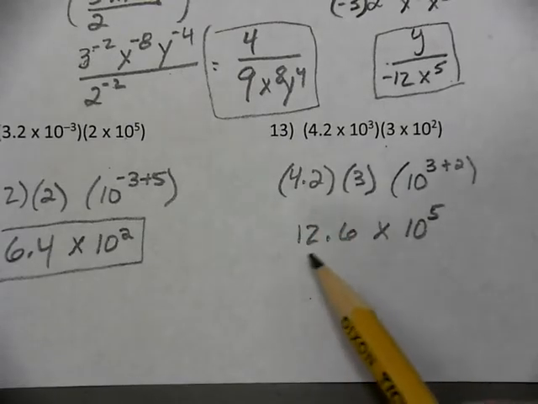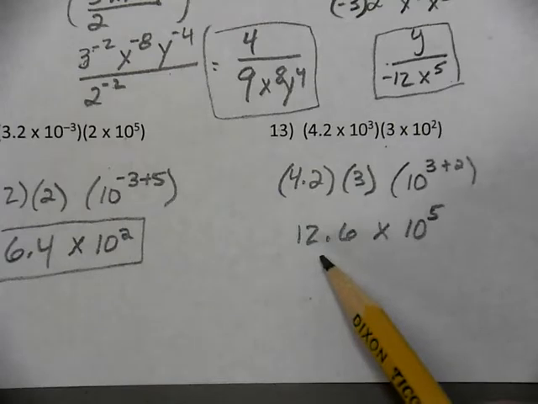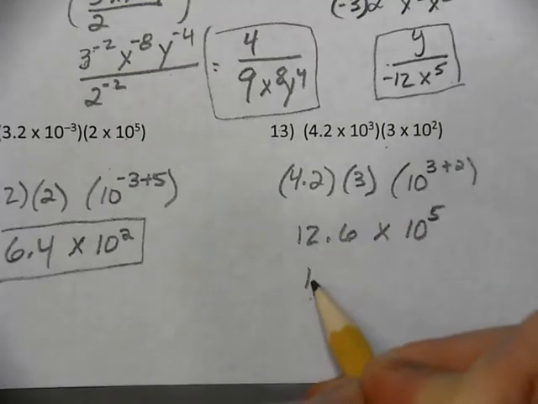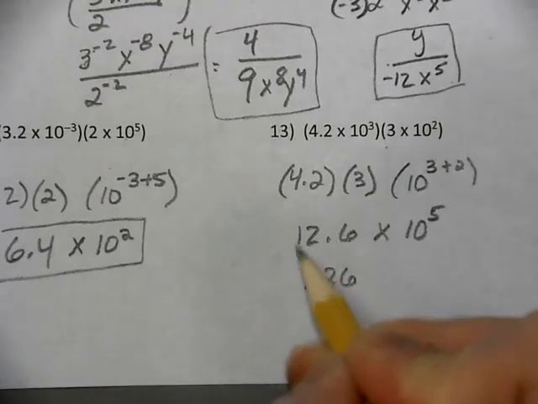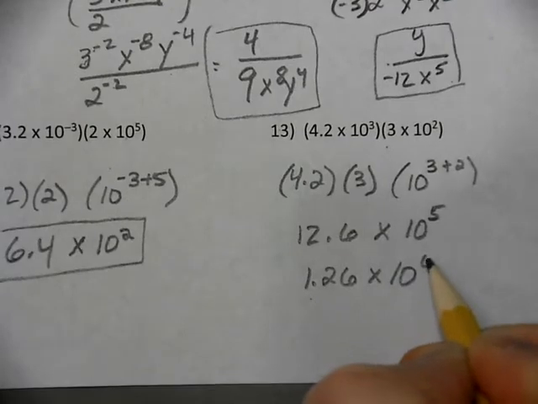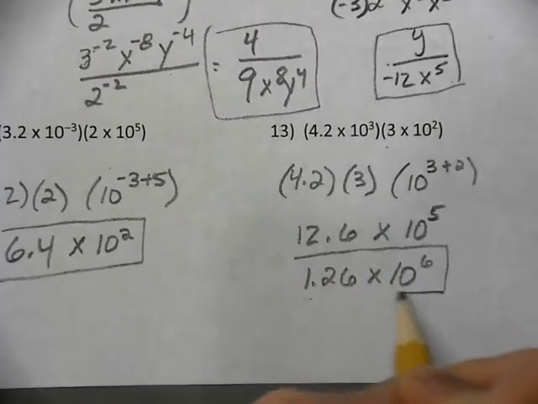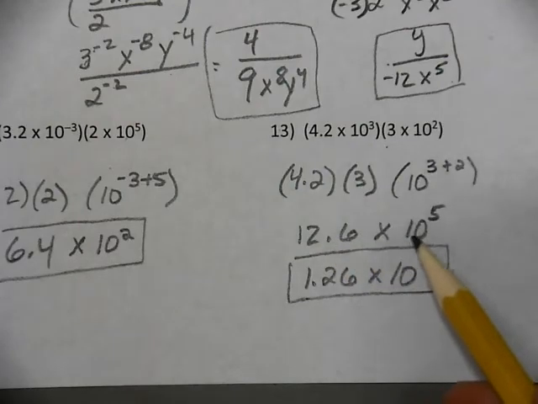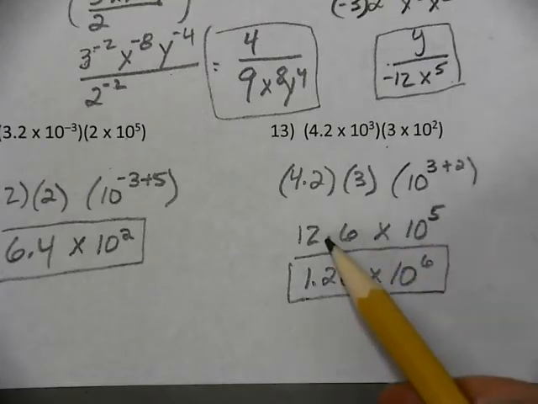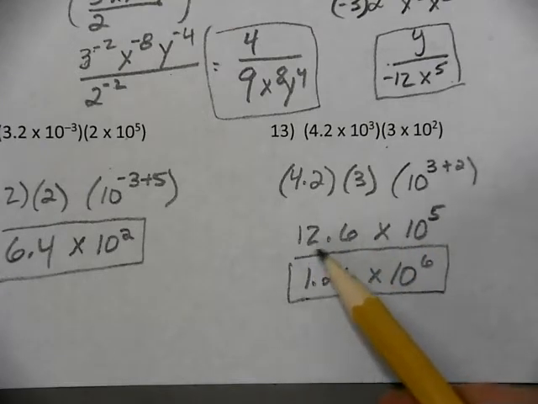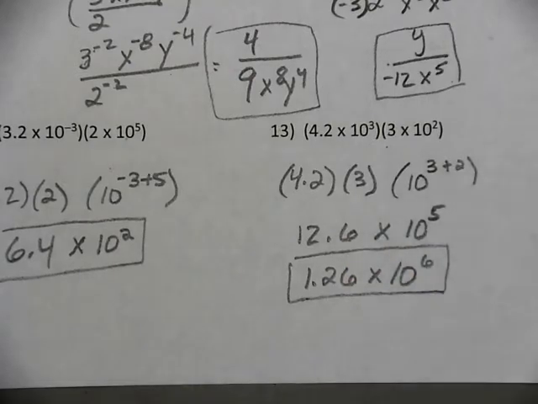This value has to be between 1 and 10. It has to be less than 10. So we're going to move our decimal spot over, which is going to make this one larger. If in this case we had to move over 5 times, if we move the decimal and start it from between the 1 and the 2, then that would be 6 times to get over to where we needed.